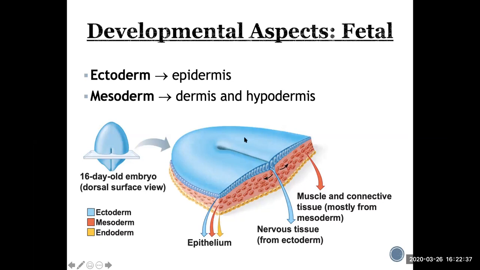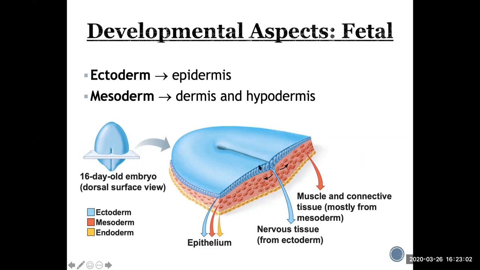This is the dorsal surface. At this point, the cells of the embryo have differentiated into 3 different types. And from those 3 different types, you will get all the different tissue types that the body will end up having. So it is already determined which surface is its dorsal surface and which is its ventral surface, which is pretty cool.